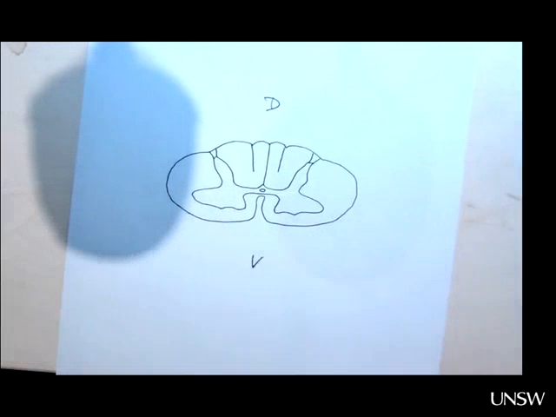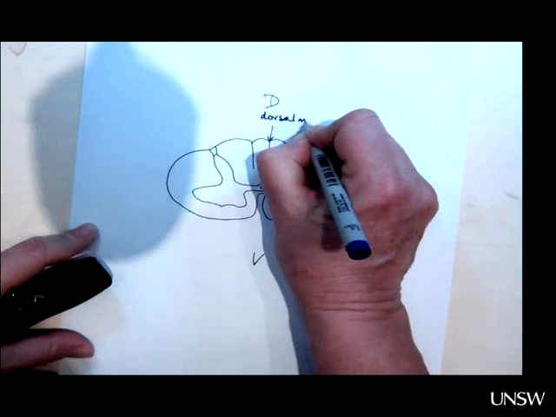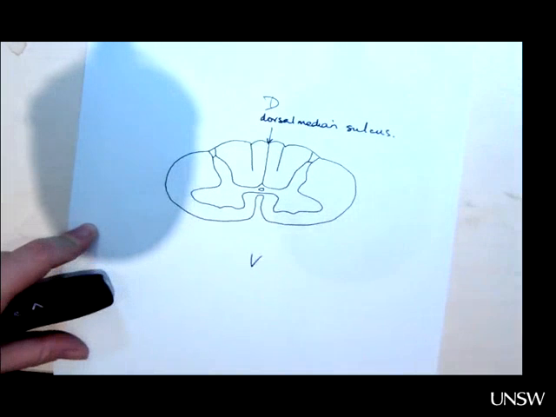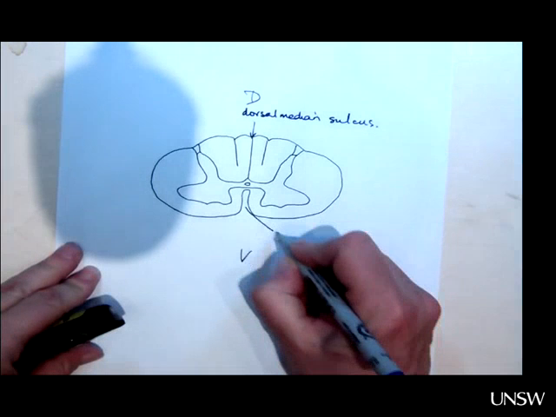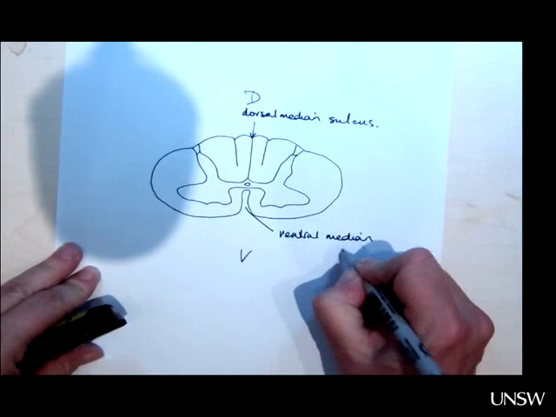The way that we distinguish the dorsal and the ventral surface when we look at a spinal cord is that the dorsal surface has what is called the dorsal median sulcus, which is in the midline at the back, but it's very shallow. So when you look at the spinal cord, you don't really see much of a groove down the midline. Whereas on the anterior or ventral surface, there's a very deep groove called the ventral median fissure.